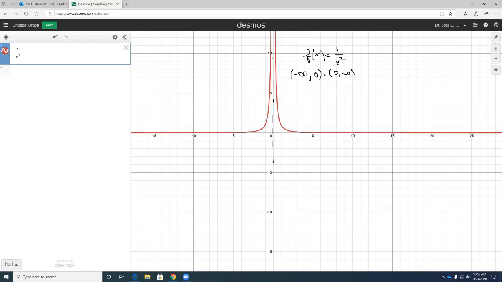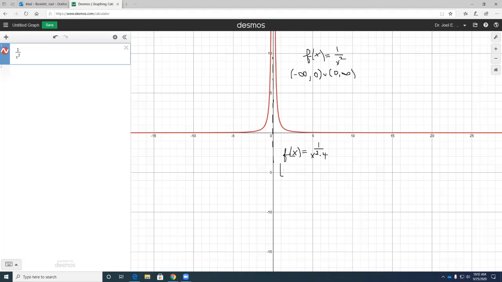Now earlier, we had the function f of x is equal to, I think it was, 1 divided by x squared minus 9. And we said that -2 and +2 are not allowed in the domain. So we could write it this way.